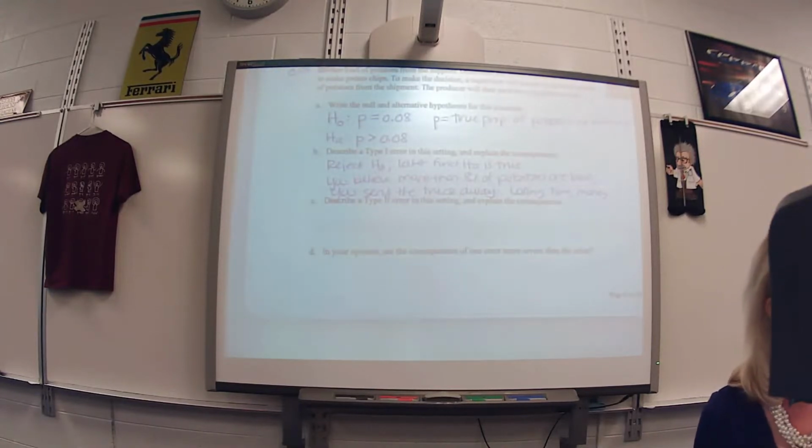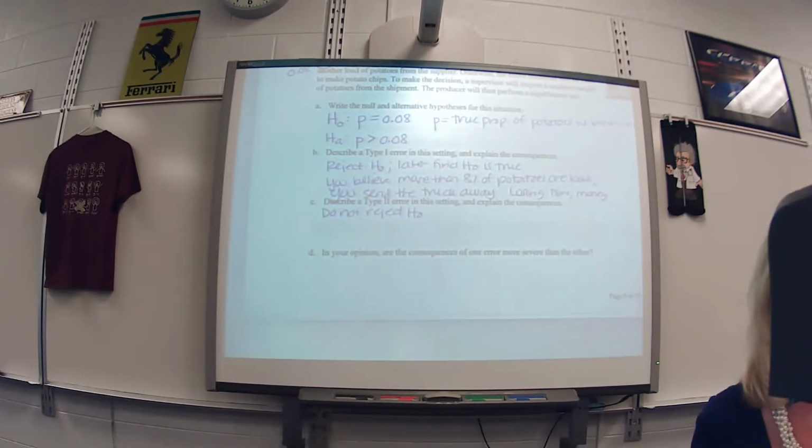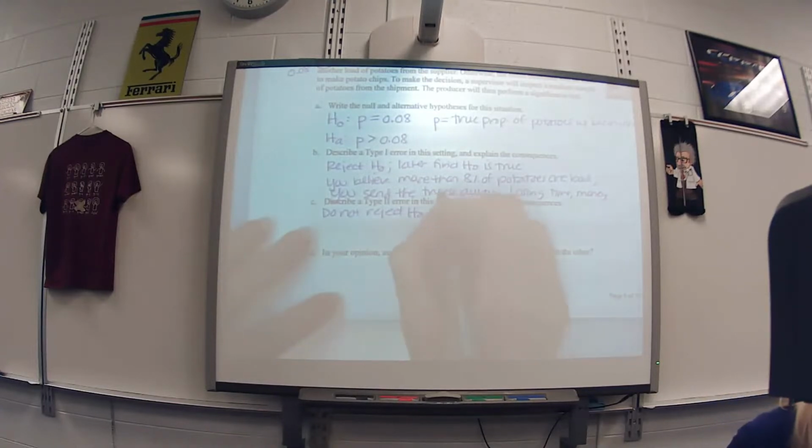Now, a type 2 error. Again, type 2, if you want to just define it in general, is you do not reject. You fail to reject the null hypothesis. So you stick with it and later find it's not true.